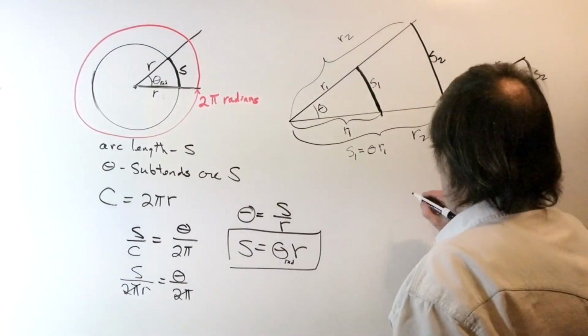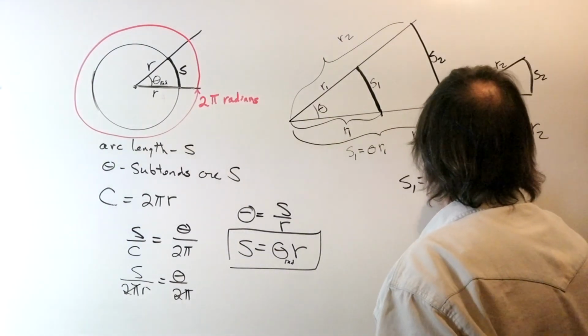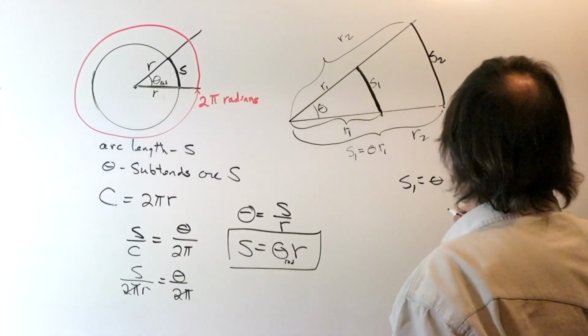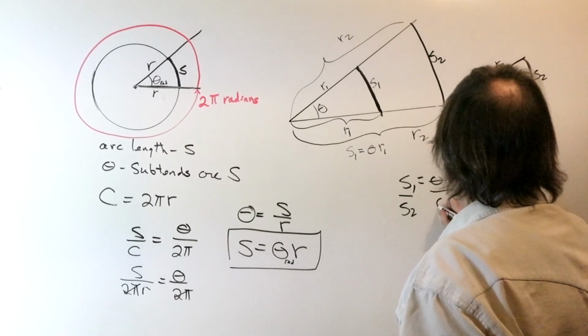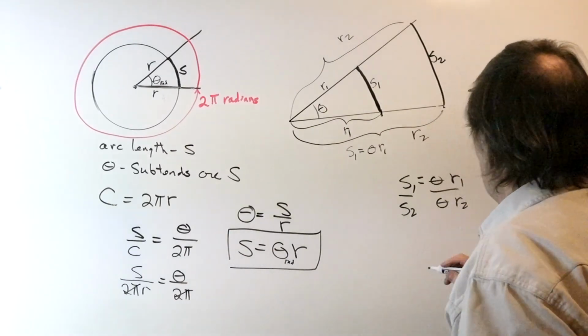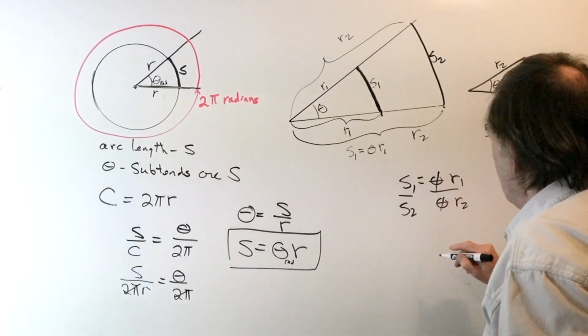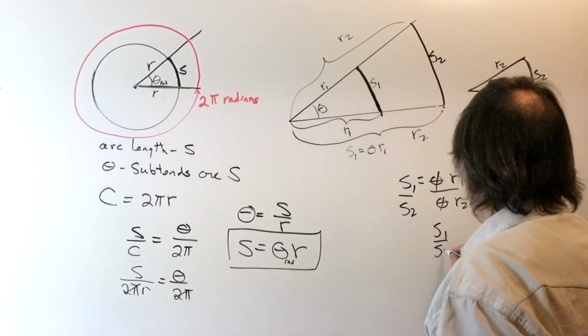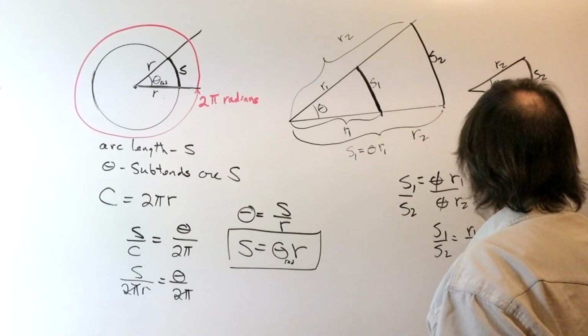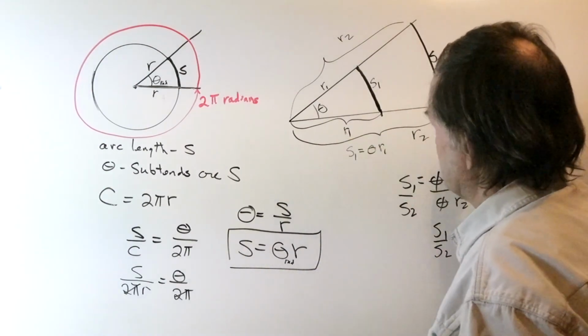Now, if we have S1 equals theta R1, and we have S2 is equal to theta R2, and we ratio these, then the ratio of the arcs are equal to the ratio of the radial distances out.